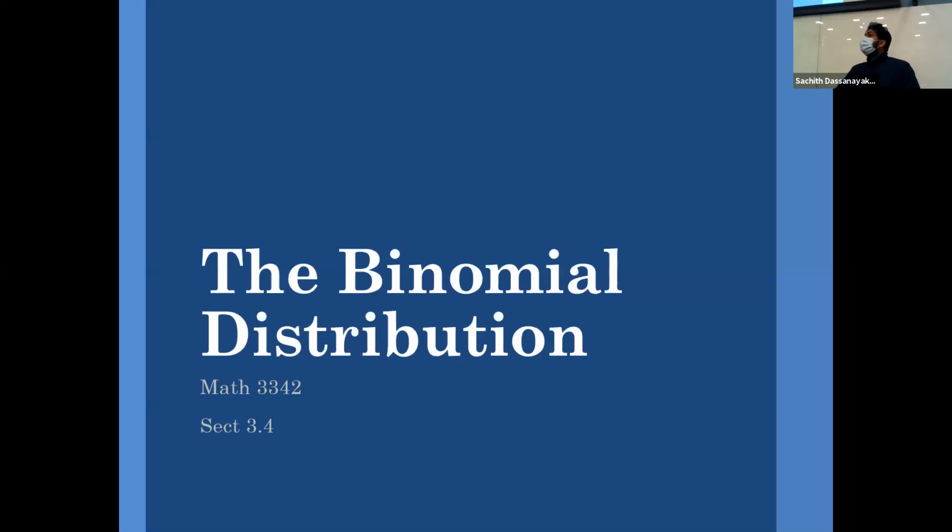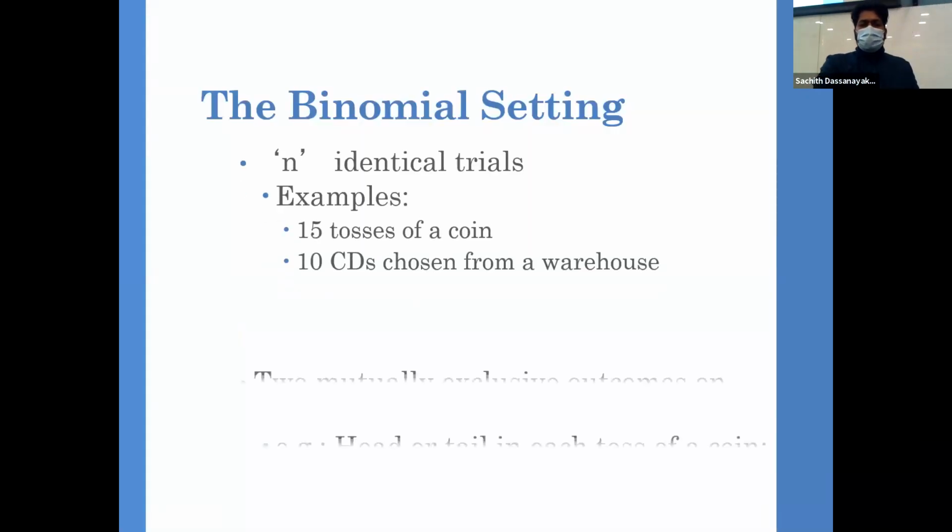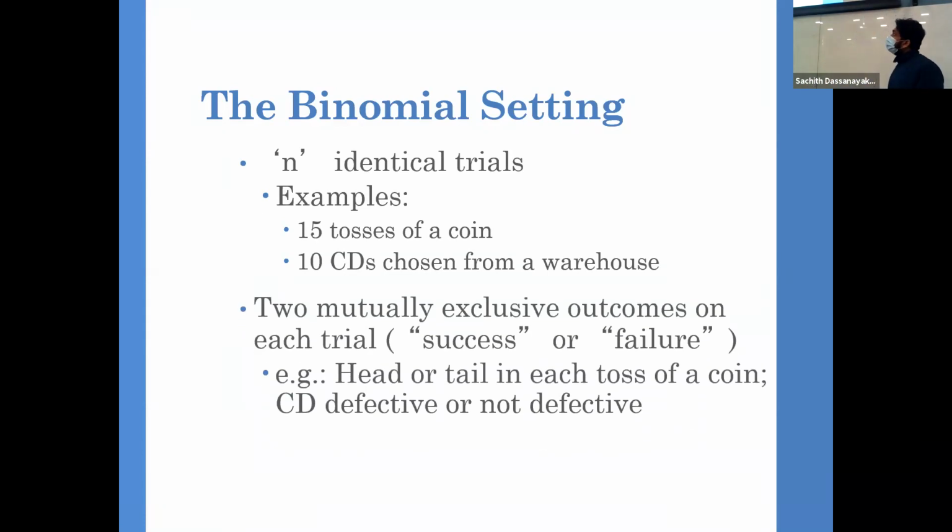Like if you are flipping a coin 10 times, consider the series of those 10 flips. Each of them has only two occurrences, right? Either head or tail. So all 10 we can consider like a binomial distribution. Clear? That's the easiest example. Binomial setting: simple n means trials.